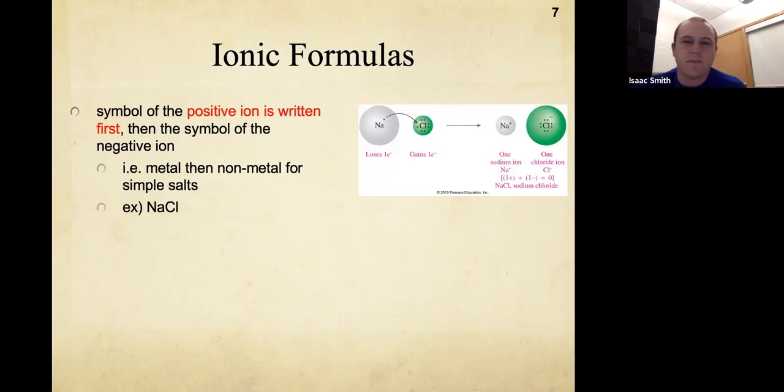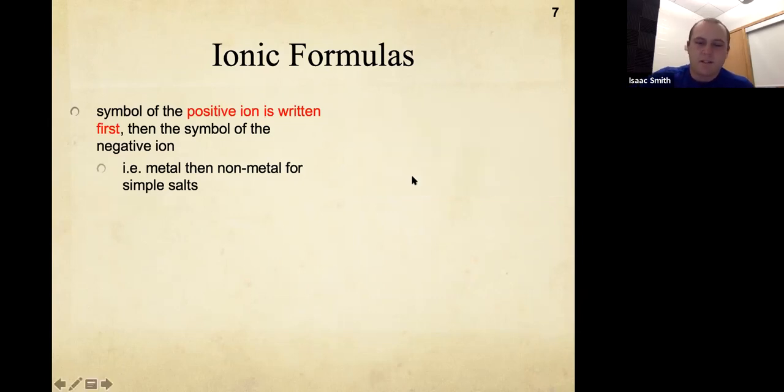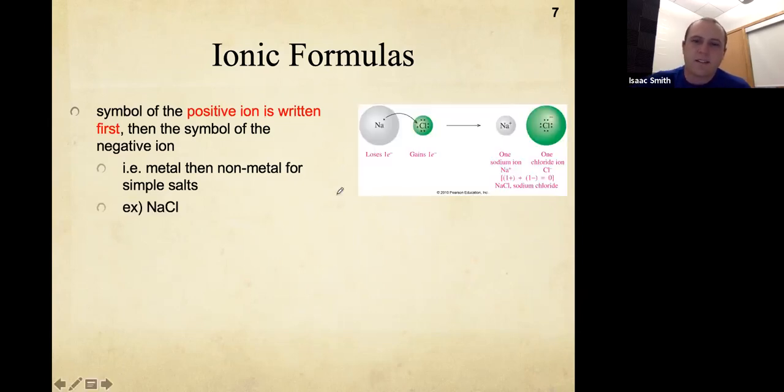So as an example, if we look at sodium and chloride, right? Sodium is the metal, which means it's going to be losing its electron. And after it does that, it becomes a positively charged sodium. Chlorine is the nonmetal. It's going to gain an electron, so it becomes a negatively charged chlorine, okay? You can see that over here.